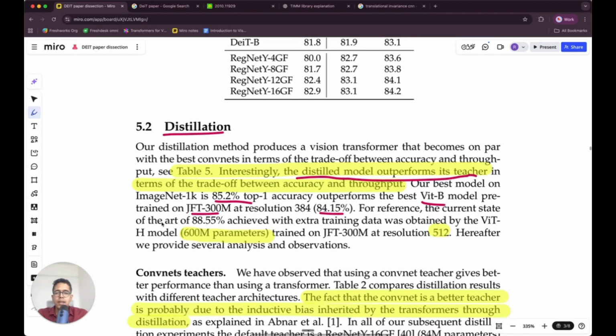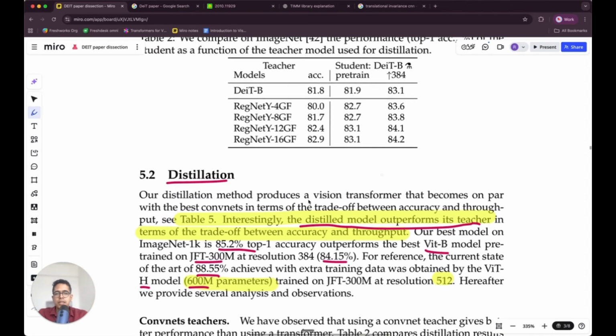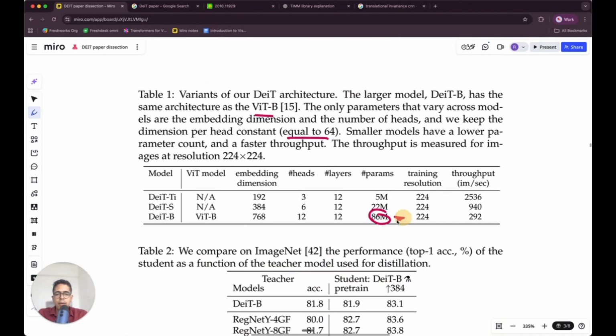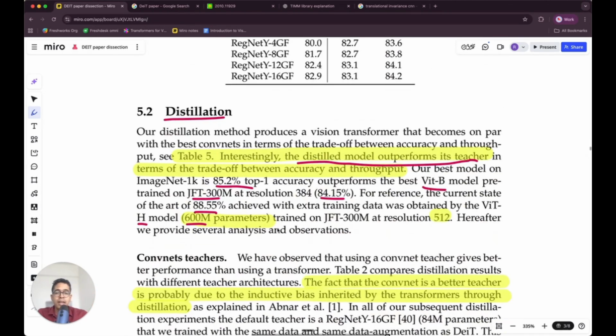For reference, the current state-of-the-art 88.55, achieved with extra training data, was obtained by the Vision Transformer H huge model with 600 million parameters. So state-of-the-art at this point is 88.55%, but that is 600 million parameters trained on the JFT 300 million dataset, that too at resolution 512. Here training is done at 224 by 224 resolution on 86 million parameters and on the ImageNet 1K dataset.